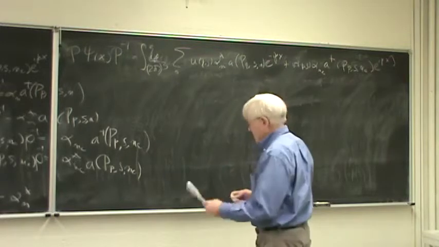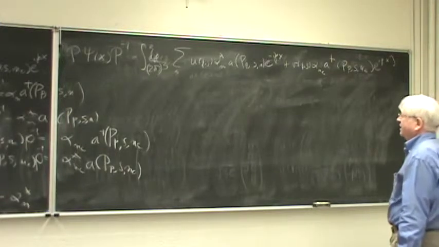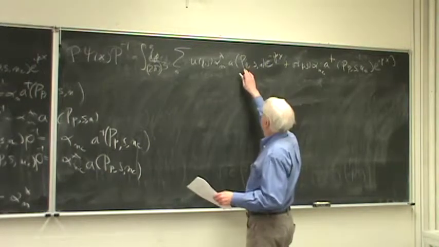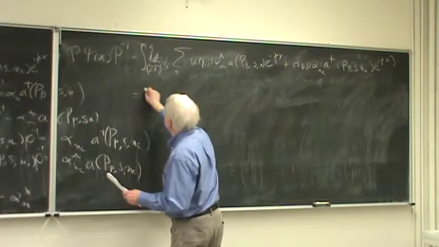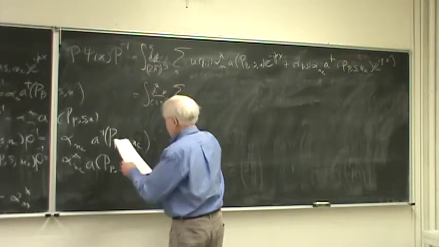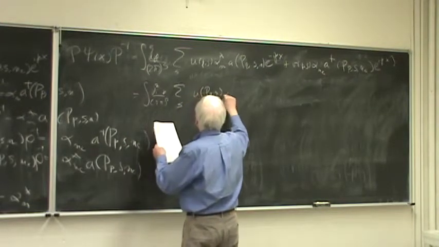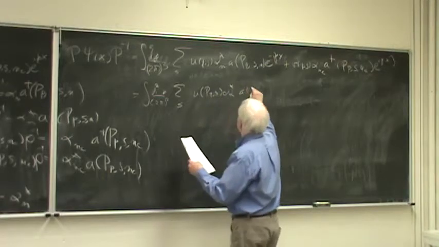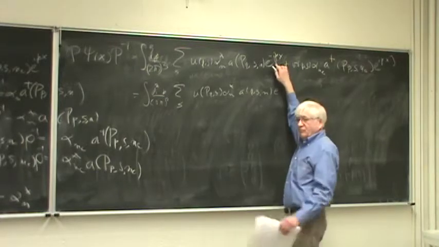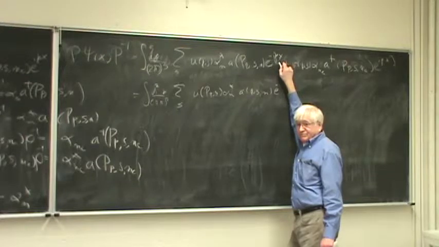All right, now what we can do is flip the space momentum. If we flip the space momentum, then this just goes to p, but then what we have is the integral d^3p over (2 pi)^3 2 p^0, sum on s, u of reflected momentum s, alpha n star, a of p s n, e to the minus i, and now we need to reflect p, but that's the same as reflecting x.